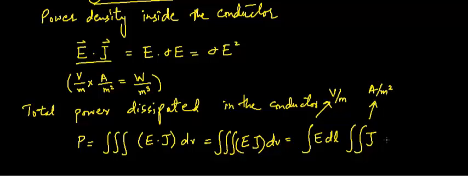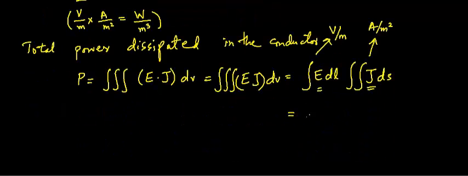So I can say J dot ds, which is actually for the surface current density, and this is the electric field intensity. It's really interesting to find out that this is actually equal to V, and this is actually equal to I, right?